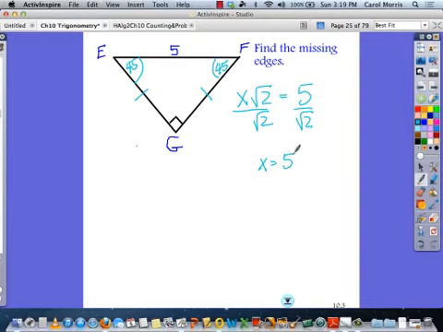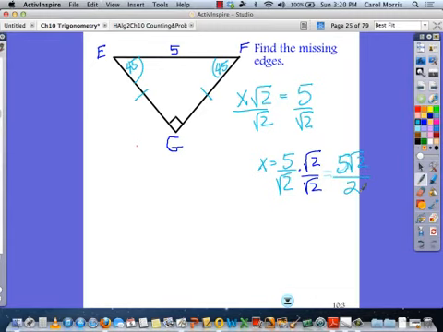But we want to make sure, as most of you know, that it's in the right form. And currently that does not look like the right form because we have a radical in the denominator. So we need to rationalize that denominator. And we do that by multiplying by that fancy form of 1. And that fancy form of 1 puts us at 5 root 2 up on top, all over the whole number 2.